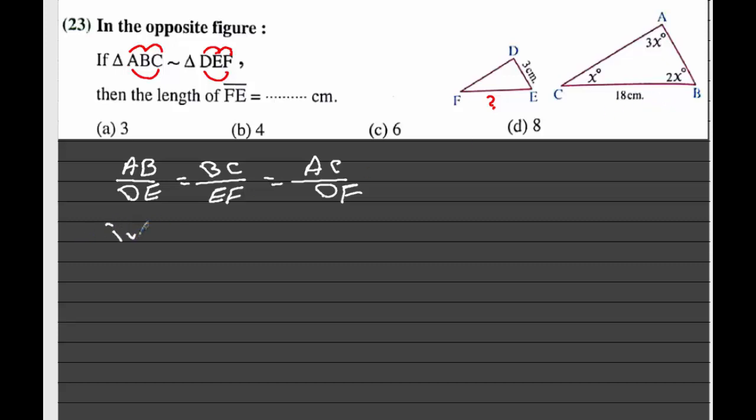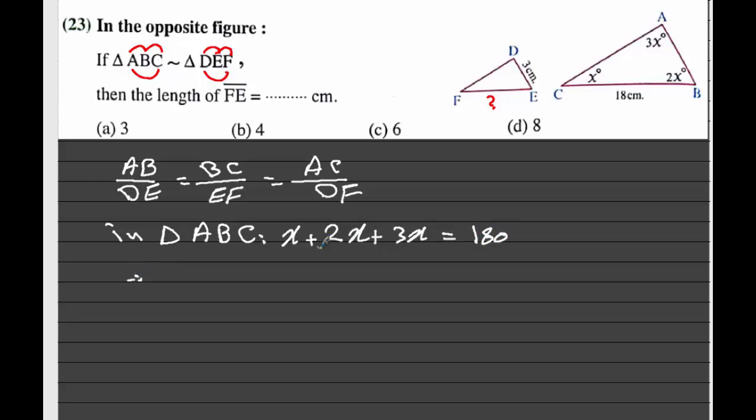In triangle ABC, we have the sum of all interior angles equals 180, right? So you can write x plus 2x plus 3x equals 180 degrees.